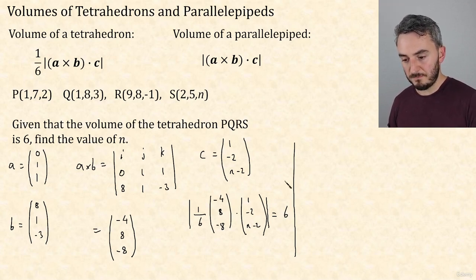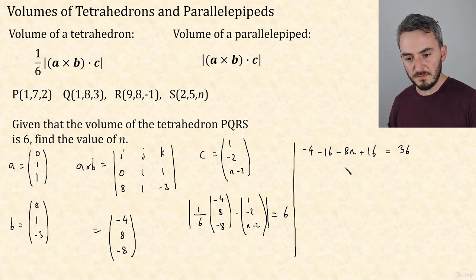So minus 4, minus 16, and then minus 8n plus 16 equals 36. That's one option. Solving that gives me minus 8n equals 40, and that means n is minus 5.